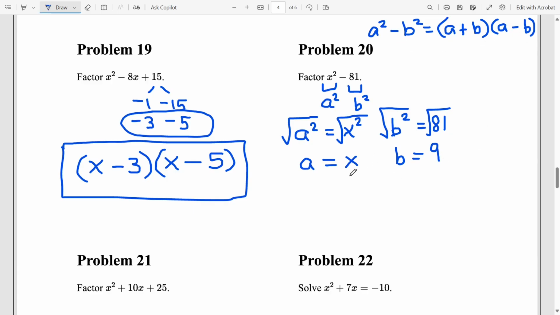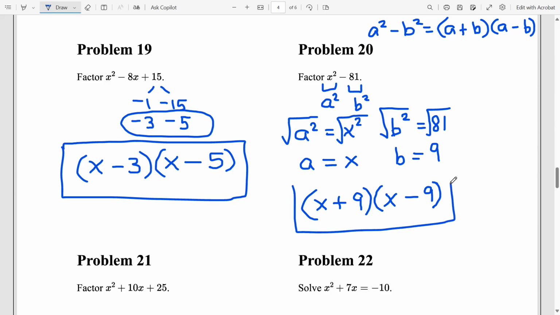That's our general form. So in this case, a is x and b is 9. So it factors to the quantity x plus 9 times x minus 9. And that's my solution for problem 20.